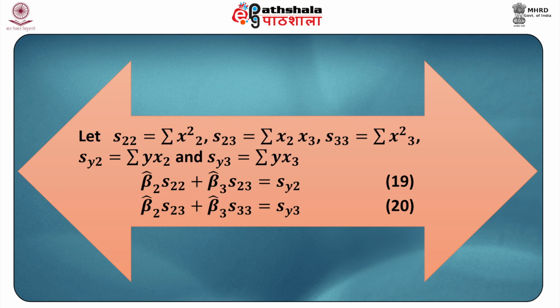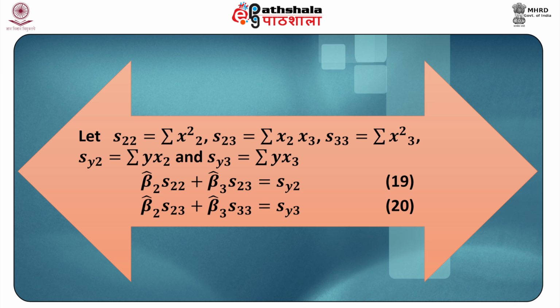So let us substitute S22 equal to sigma x2 square, similarly S23 equal to sigma x2 x3 and S33 equal to sigma x3 square. Similarly, we can write Sy2 equal to sigma y x2 and Sy3 as sigma y x3.